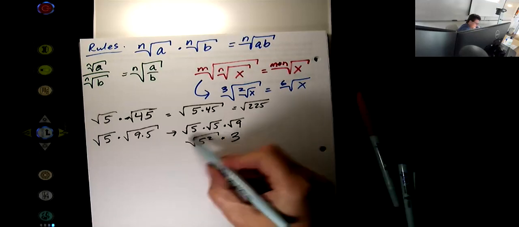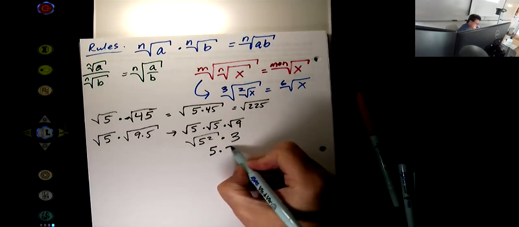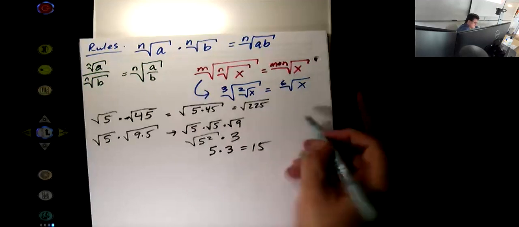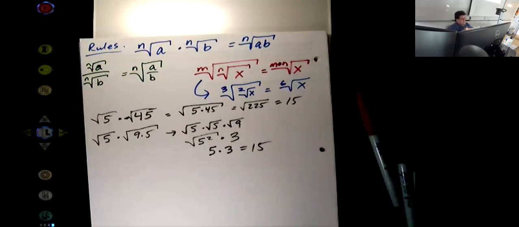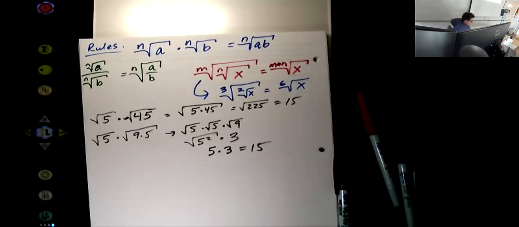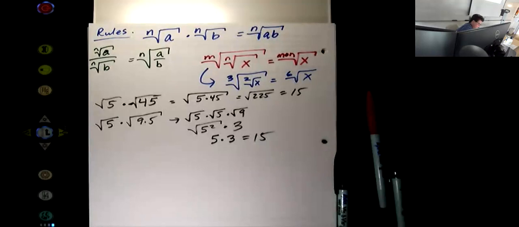Here the root and the exponent cancel out, and we're left with 5 times 3 is 15. The square root of 225 is 15.